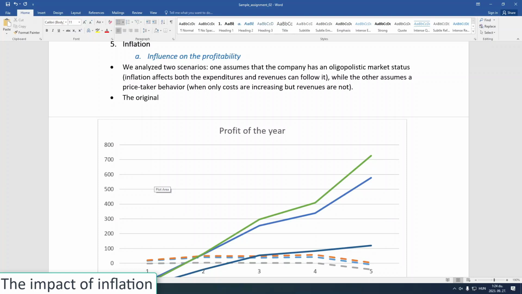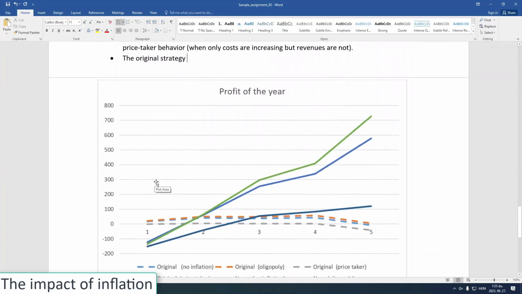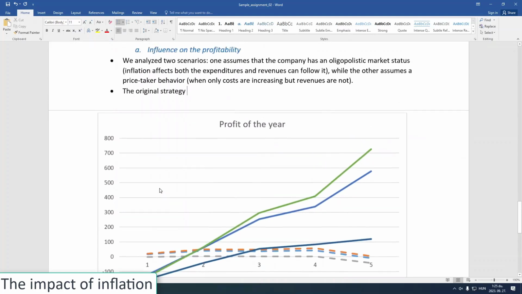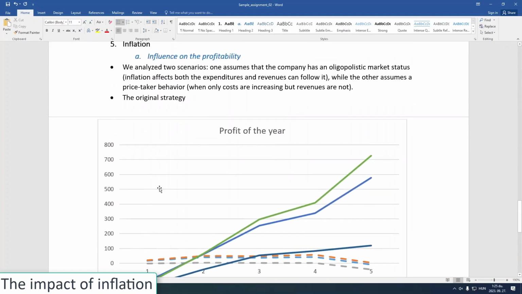So the original company, or the original strategy, is not affected as much, but the price taker scenario removes profitability completely.